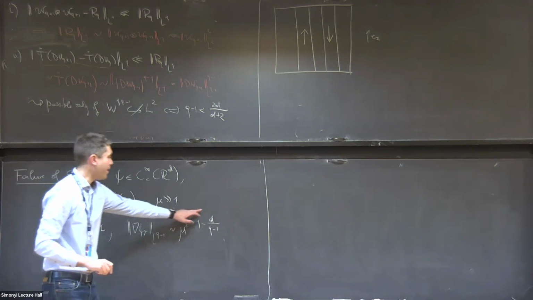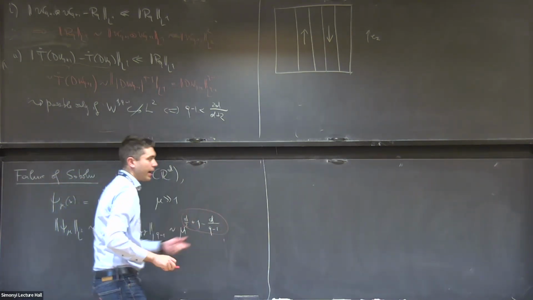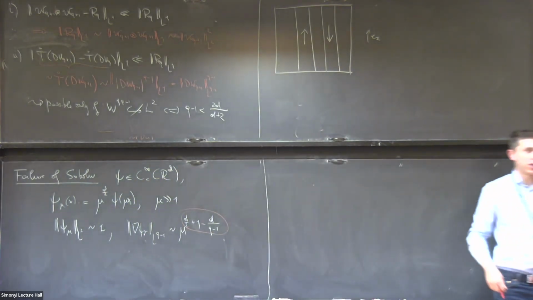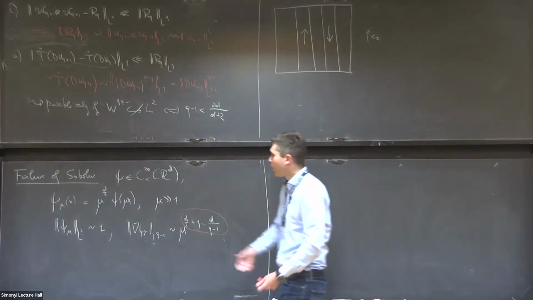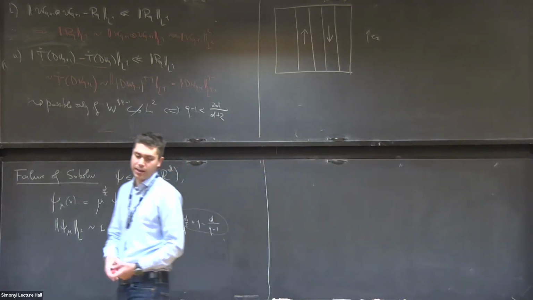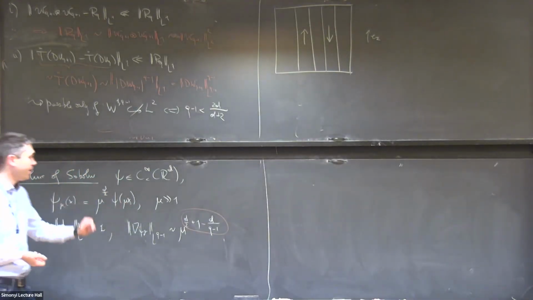And you see that this exponent over there is negative exactly when q is below this scaling exponent. So we have a family of functions for which the L2 norm is 1, but the gradient in L^{q-1} goes to 0. So the Sobolev embedding cannot hold exactly in this range.